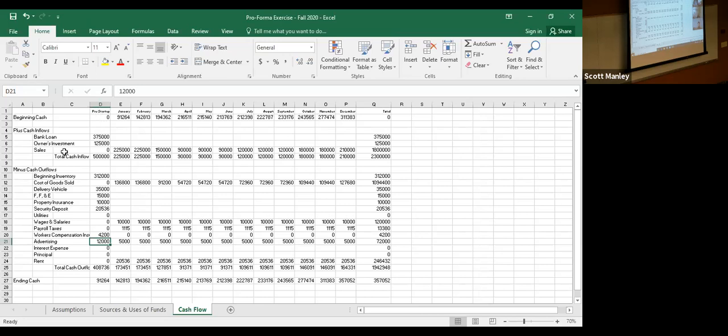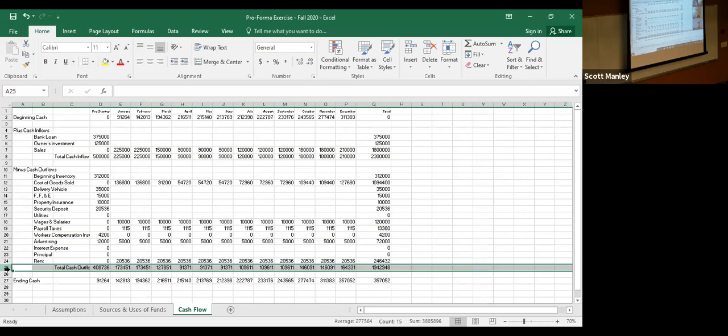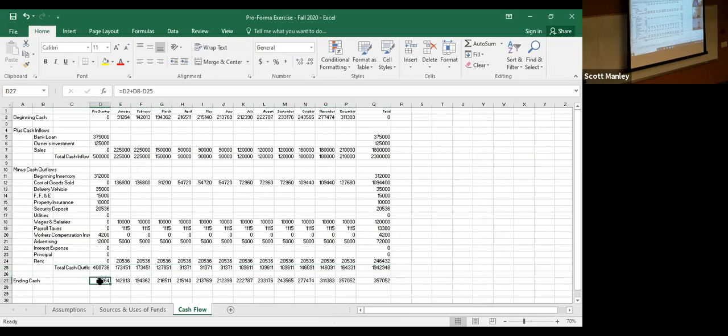So we have a row that says, this is my total cash in and this is my total cash out, okay? The formula here takes my beginning cash, D2, plus my cash in, D8, minus my cash out, D25, okay?